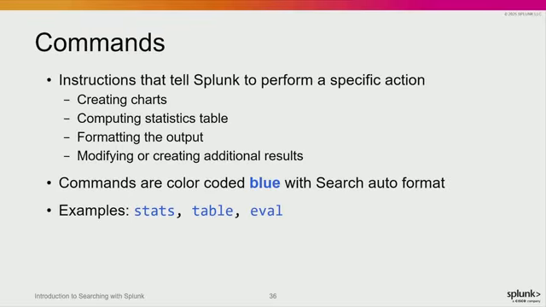Now, this is new. We're also going to learn how to include commands. Commands can do a number of different things. They're going to take input from the events we've retrieved and manipulate them, whether we are renaming fields, which is what we'll be doing today. We can format the output. Maybe we want all of our results to be in lowercase. Maybe we want to calculate some statistics.